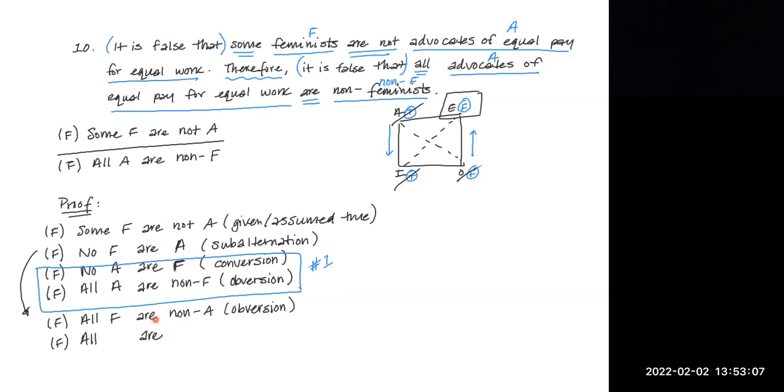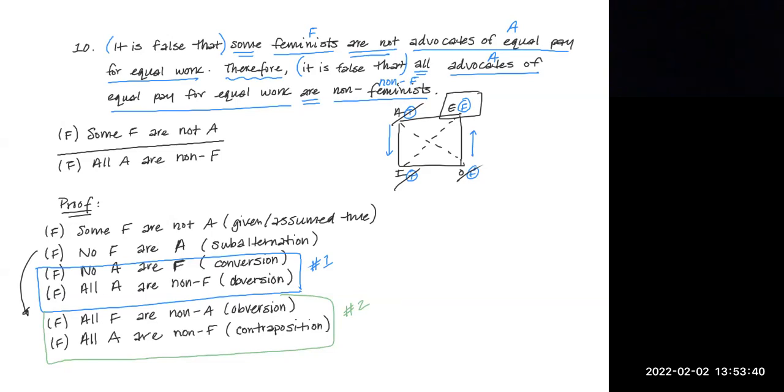So this non-A comes over here and becomes A, and this F comes over here and becomes non-F. Using contraposition, this is a second way to work this particular proof.